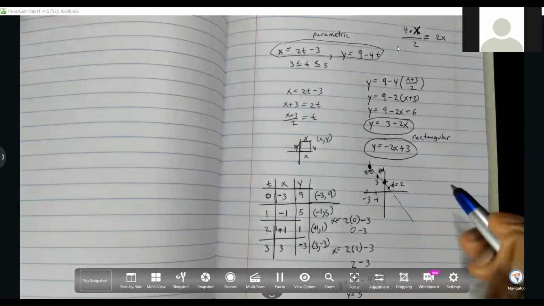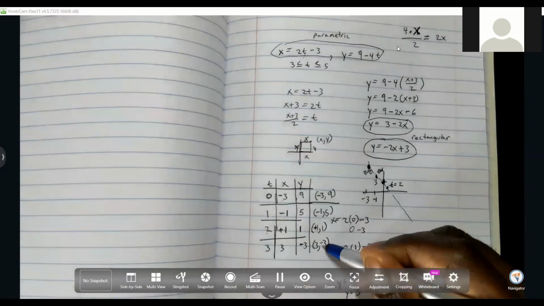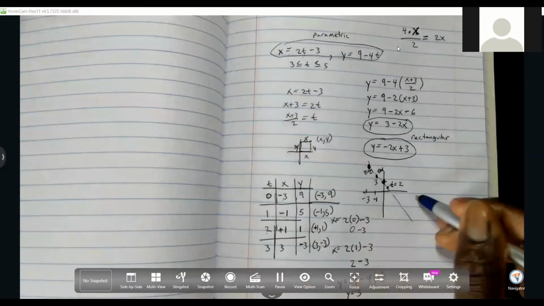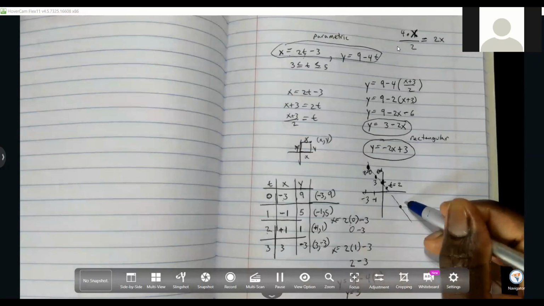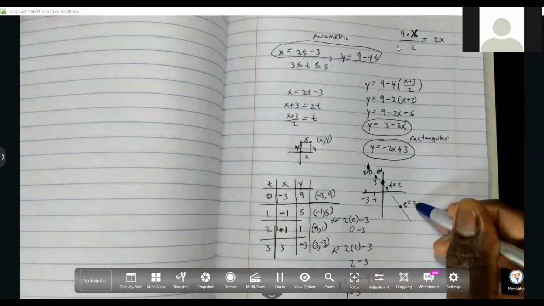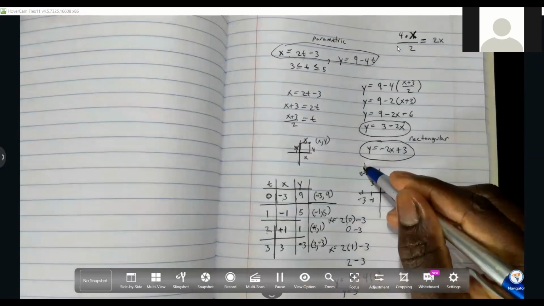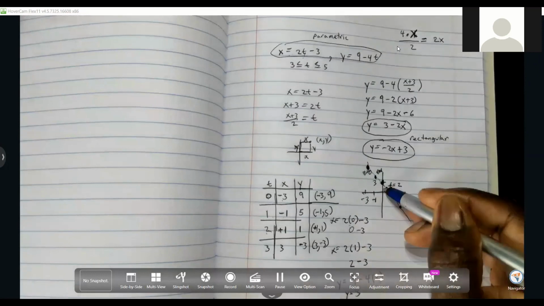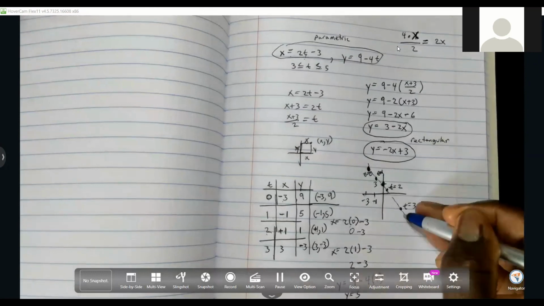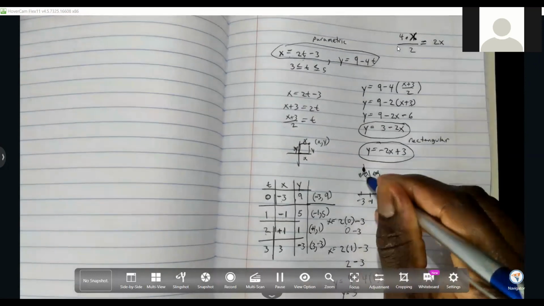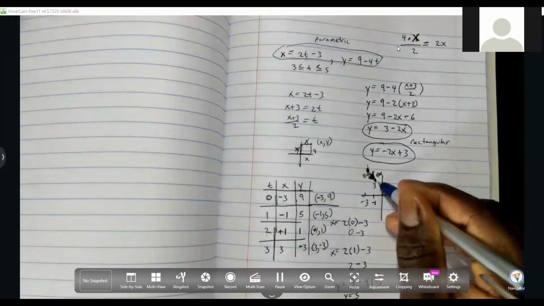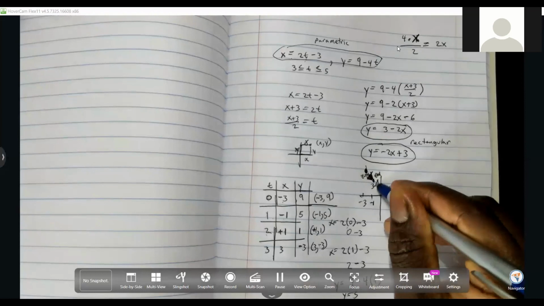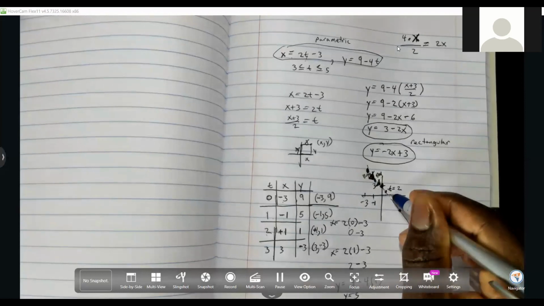We could do the same thing with this last point too. So 3, -3 is over here somewhere. Basically, that's the first point, that's the next point, so everything is going in this order. So we can put some arrows here to say that's the order.